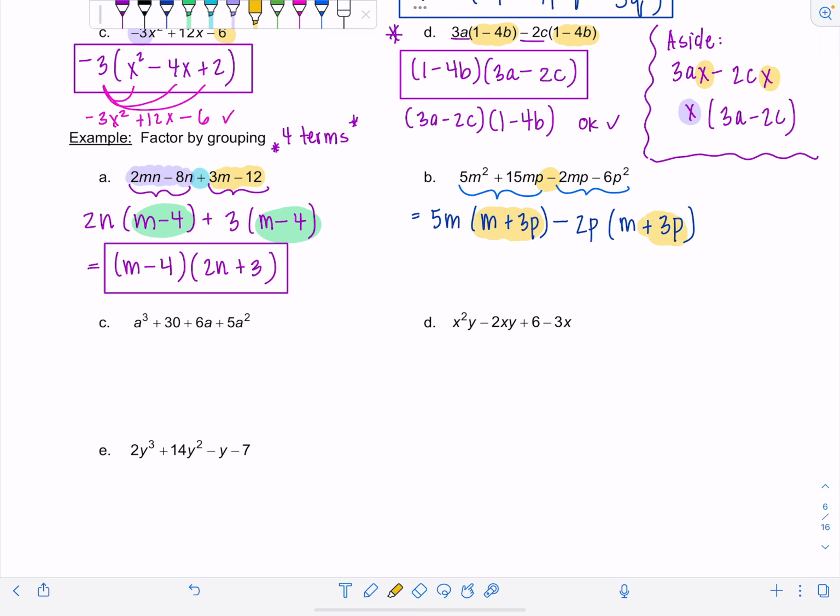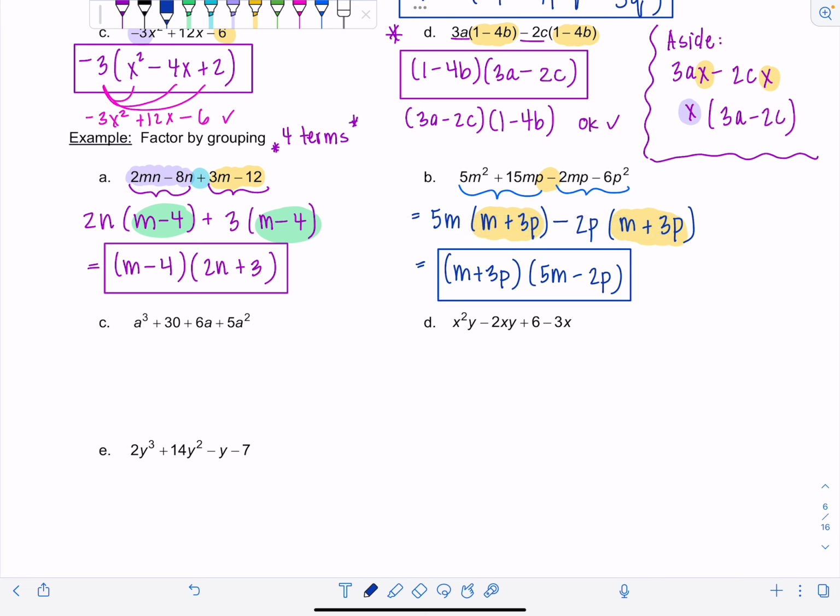Look at this, m plus 3p popping up in both. Fabulous. So we're left with m plus 3p times 5m minus 2p. And box it before you just get carried away and start foiling your little heart out. Again, if you had written 5m minus 2p times m plus 3p, that's fine as well, because multiplication is commutative.